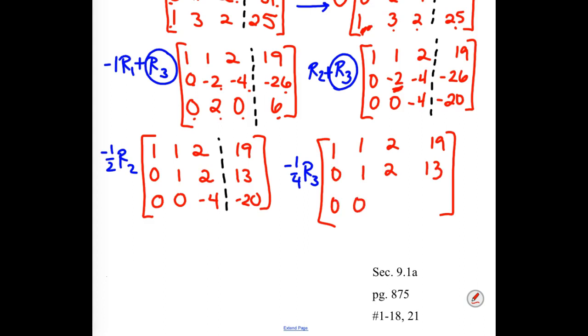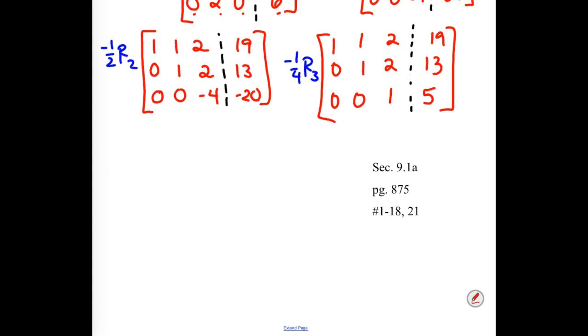Negative 1/4 times negative 4 is 1. Negative 1/4 times negative 20 is 5. Did we get it into row echelon form? Yes.